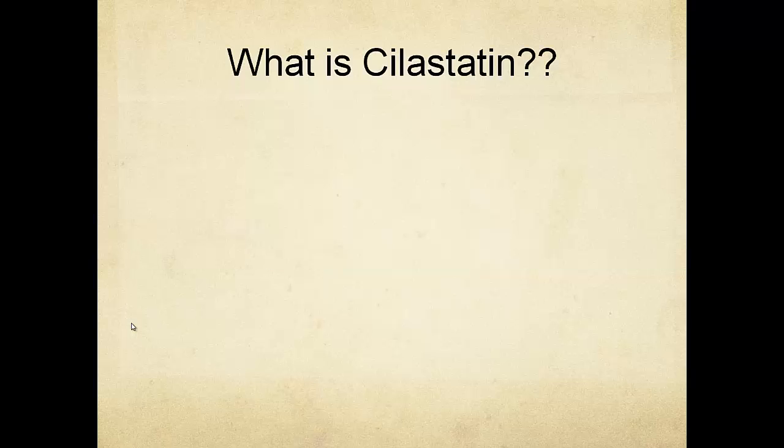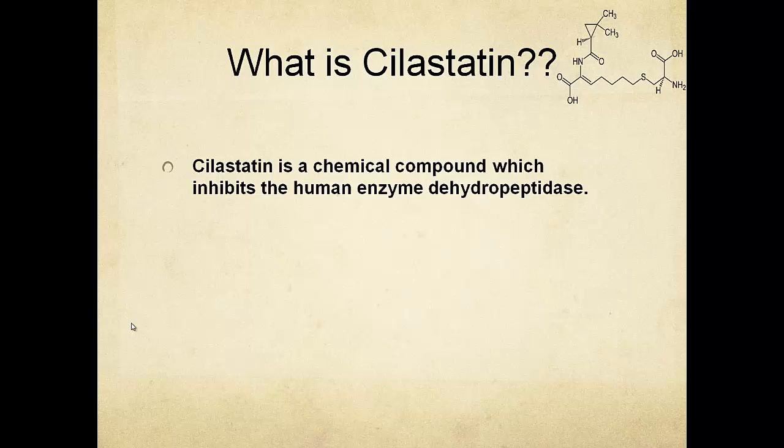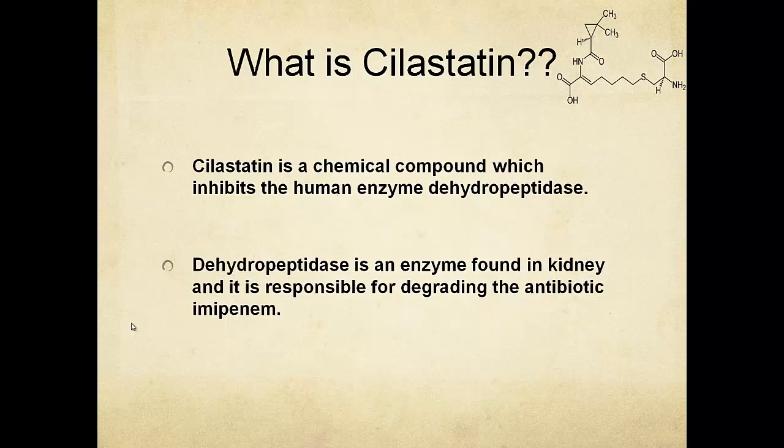So what is cilastatin? That's the compound there. Cilastatin is a chemical compound which inhibits the human enzyme dehydropeptidase. This enzyme is found in the kidney, and it is responsible for degradation of an antibiotic called imipenem, and that is the reason why cilastatin is combined with imipenem to make an antibiotic called Primaxin.